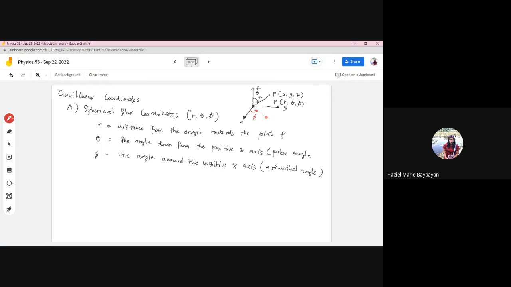Okay, so that is your spherical polar coordinates. Now, how are they related to the XYZ coordinates? It is important that we know the relationship between the spherical polar coordinates and the Cartesian coordinates.